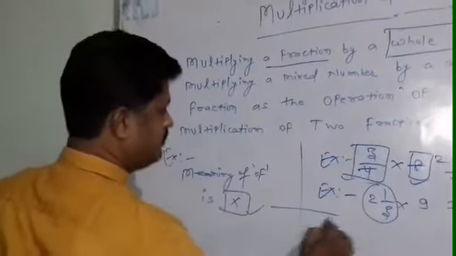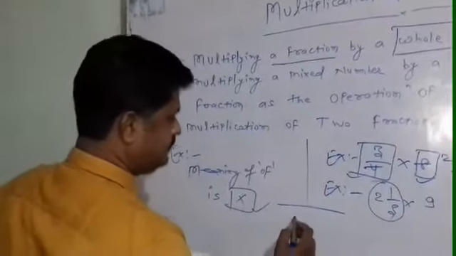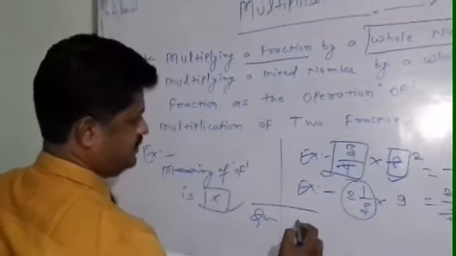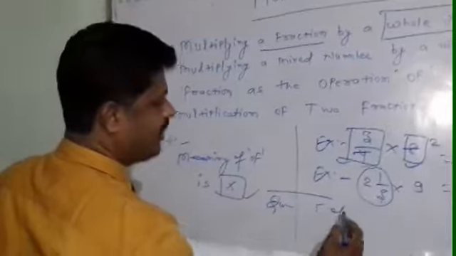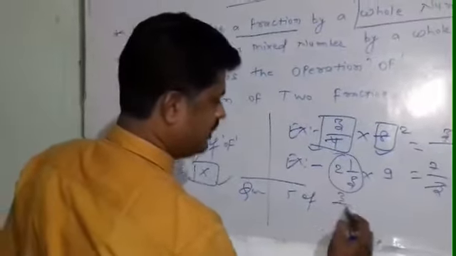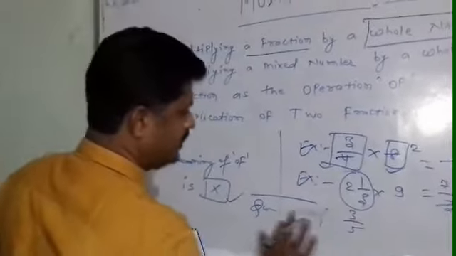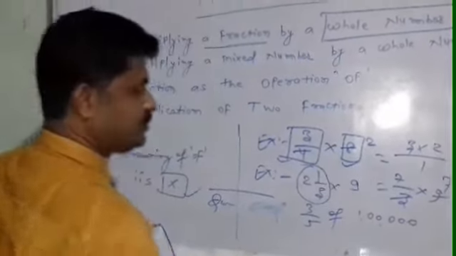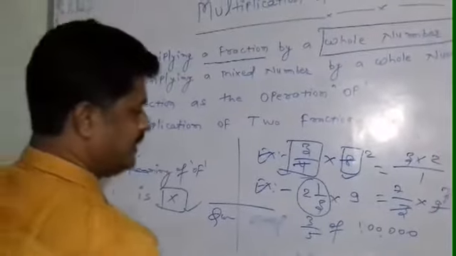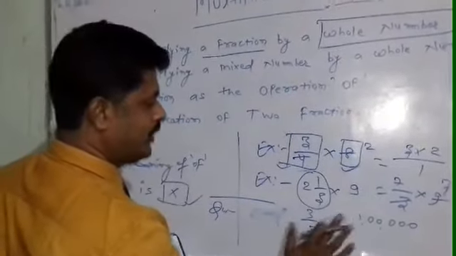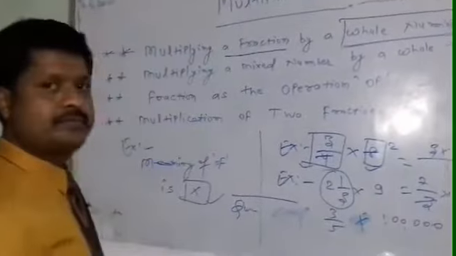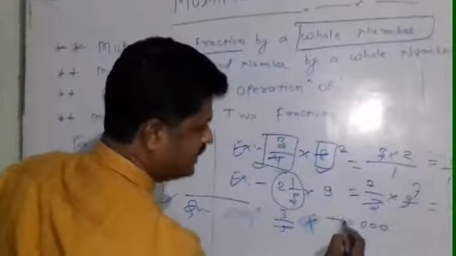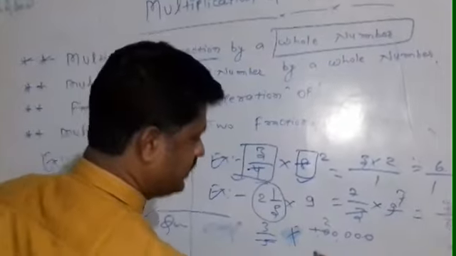Suppose the question is 3 by 5 of 1 lakh. This is your question. That means in place of 'of' we use multiply, and then it will be cut by 5. 5 twos are 10, that means 20,000.